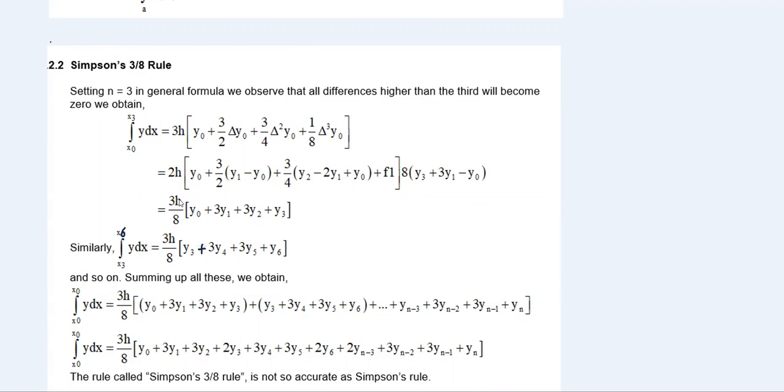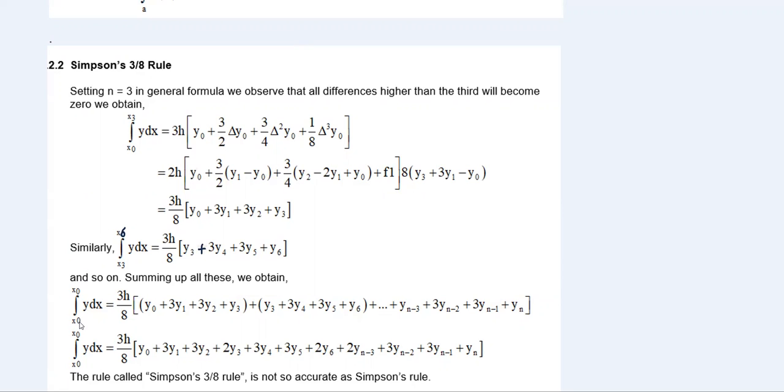So we get 3h/8 (y0 plus 3y1 plus 3y2 plus y3), and from x cube to x power 6, we get 3h/8 (y3, 3y4 plus 3y5 plus y6).